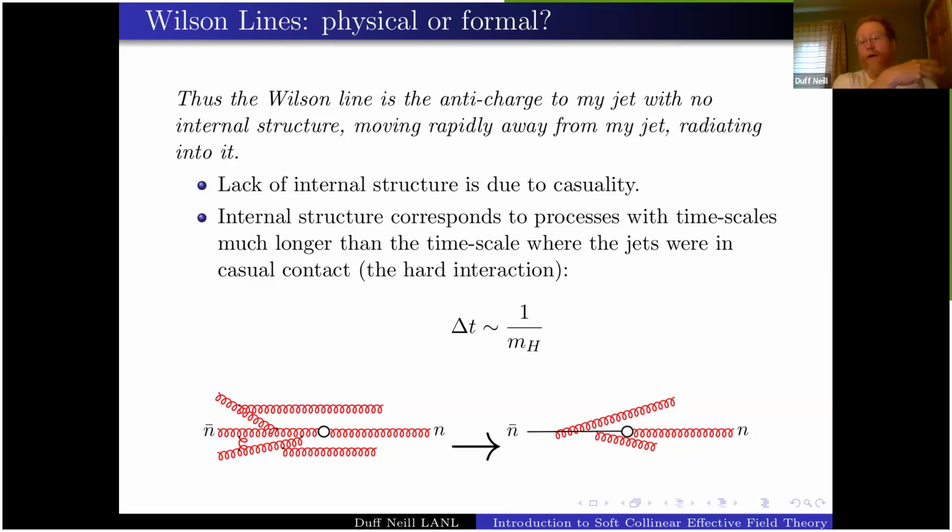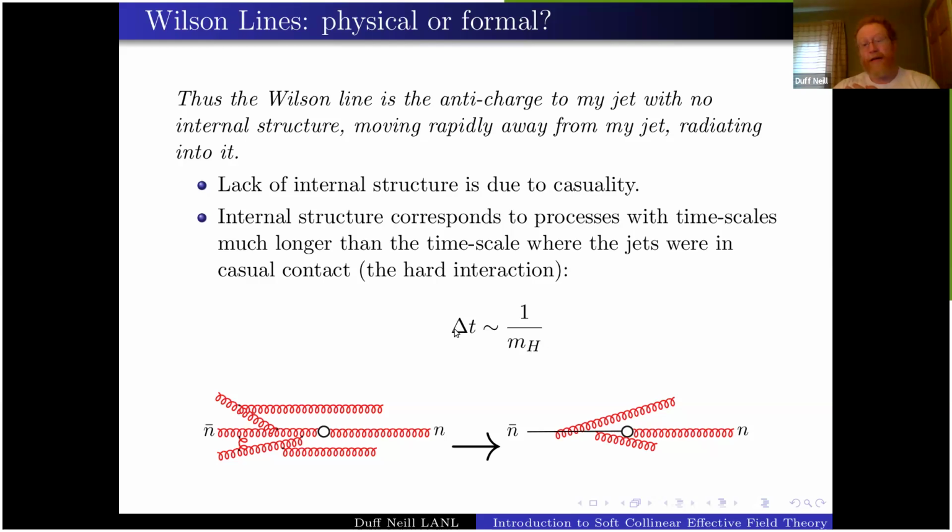The reason why I say that all the other particles in the scattering process have no internal structure relative to the perspective of the jet that I'm evolving is basically back to that causality argument that I alluded to earlier. Any internal structure that's happening in my n-bar jet, and you can think about that internal structure as being its own sort of Bremsstrahlung that it's enjoying, maybe some loop process that it's undergoing, all of that internal structure is happening at time scales that are much longer than the time scale where my jets were actually in causal contact with each other, which was just the hard interaction.